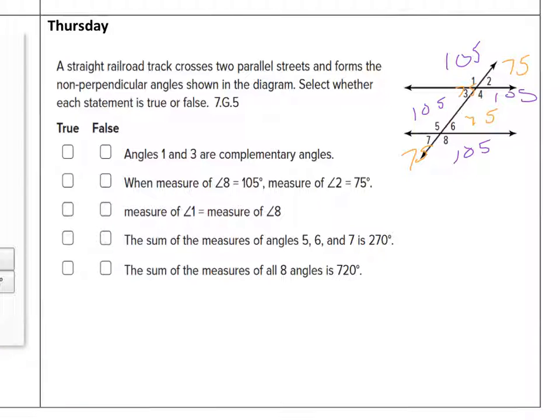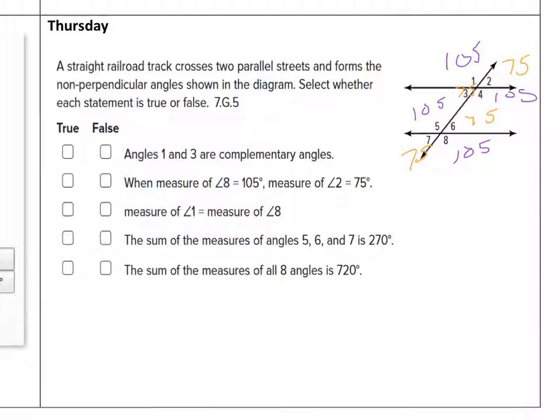So basically where I started was with question number 2. So if I were to label them as measure angle 8 is 105 degrees, I know that measure angle 2 is 75 degrees.